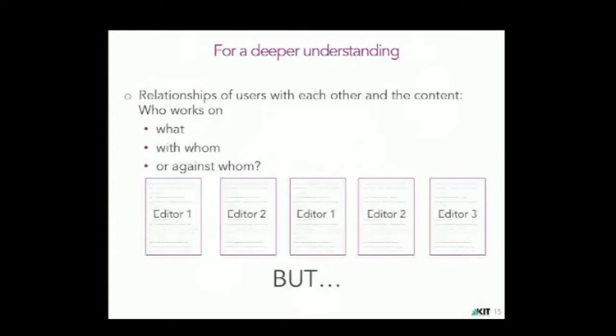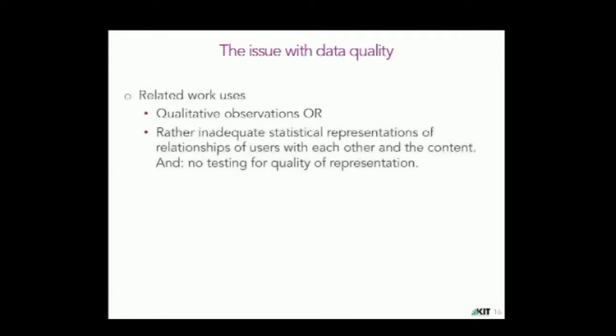But the problem with existing approaches that I encountered when I wanted to use that was it's qualitative, like observing what's going on, or it's rather inadequate, and I don't want to slander anyone here, but it's kind of computer scientist approaches. I don't want to slander computer scientists because I'm working with many. But it's kind of, yeah, it works, let's mine that, and then there was no testing whatsoever how well this represents the reality of collaboration.